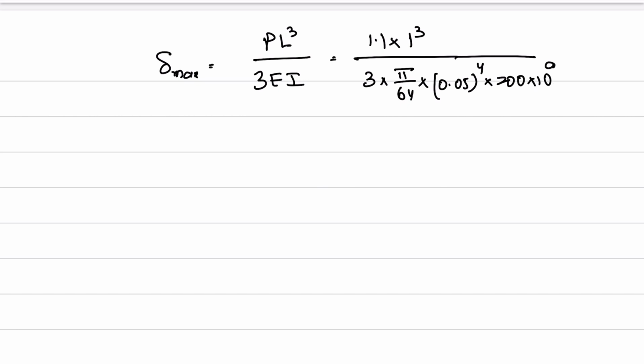GPa is 10 to the power of 9 Pa. Calculate this. Delta max is equal to, let's try to calculate.